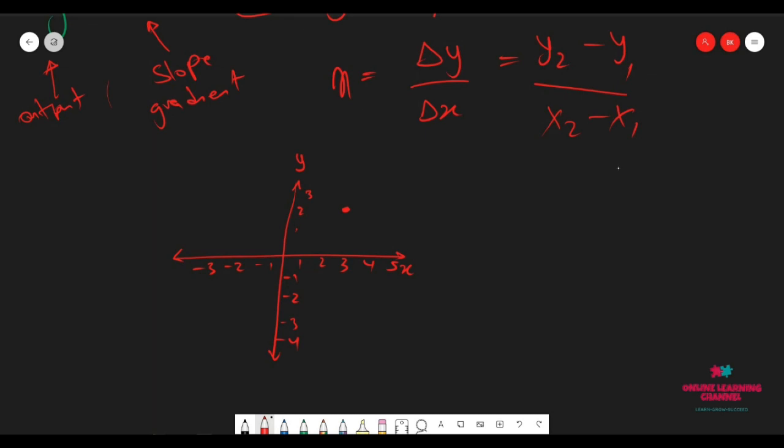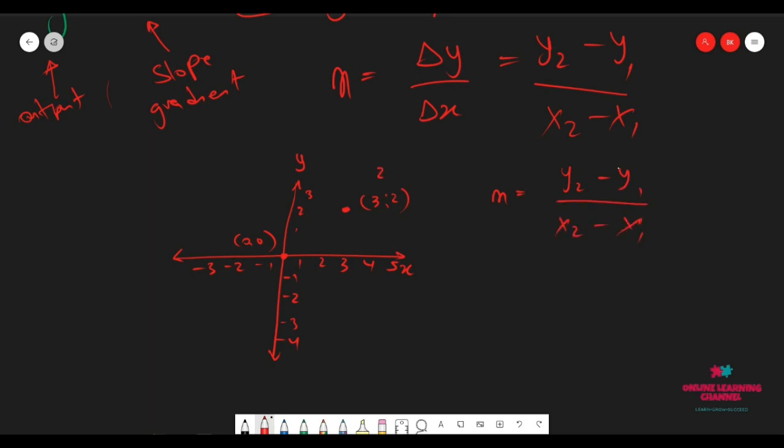So this is 1 point, and this is another point. For this point, we start with the x coordinate, so it will be 3 and 2. This point will be 0 and 0. To get the slope here, we would say m equals y2 minus y1 over x2 minus x1.